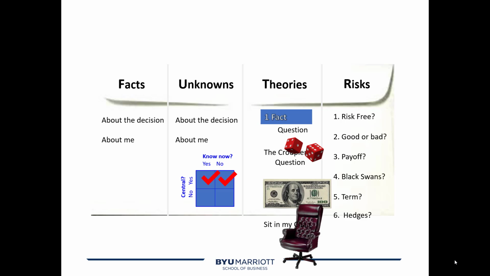And finally, number 6, are there hedges available? Are there ways that I can control potential downsides or limit the volatility that's involved in the overall decision by somehow buying or enacting some kind of hedge? Now, this is difficult to think of particular examples, but it's worth thinking about, are there ways that I can hedge my bet to make sure that I don't completely expose myself to all of the volatility?